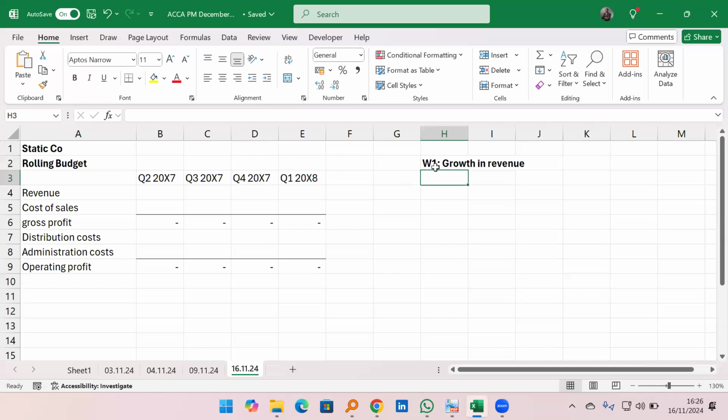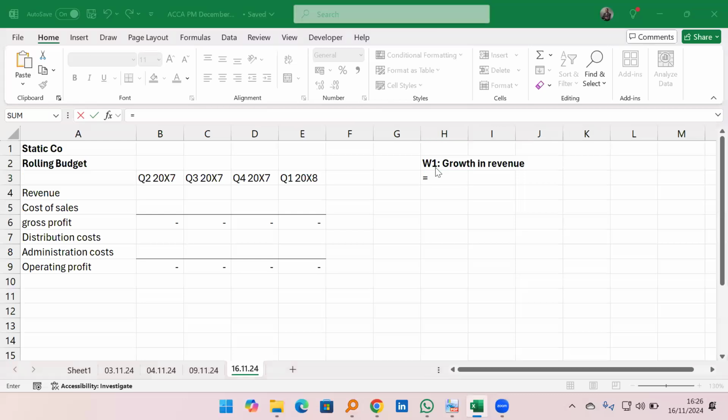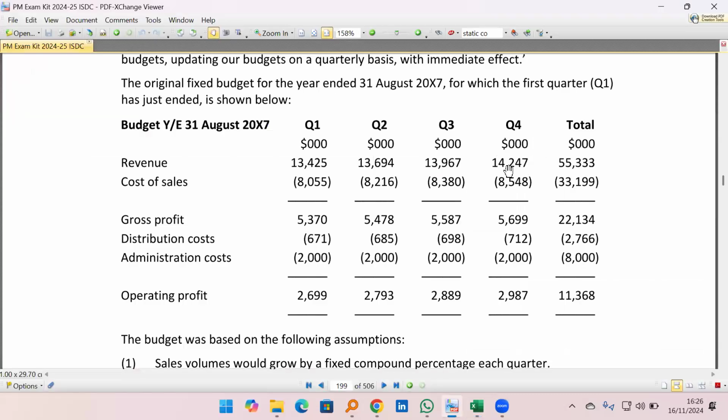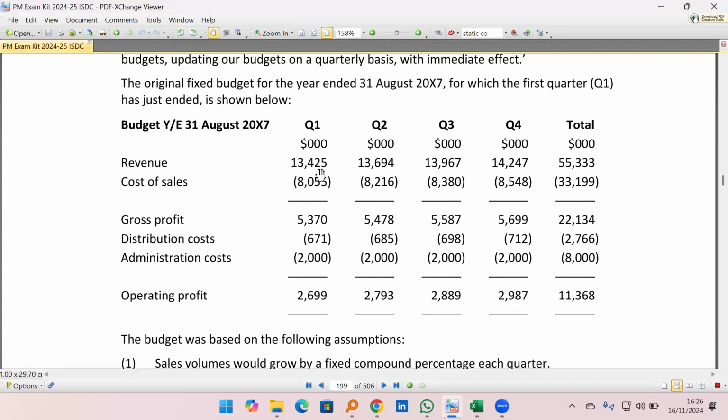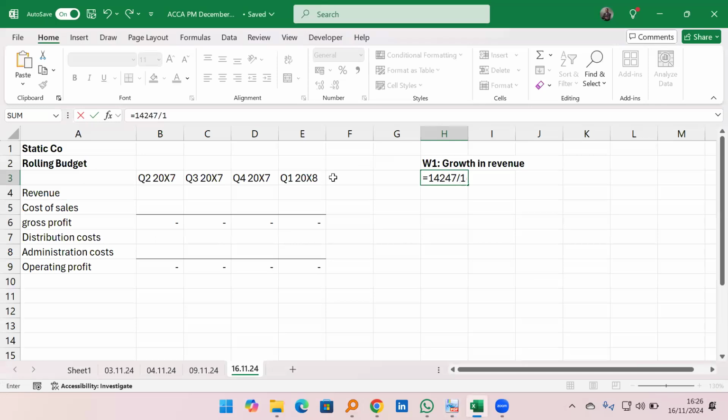Now, there are two things that we can do, because when I see compound, I think we are saying 14,247 divided by 13,425.